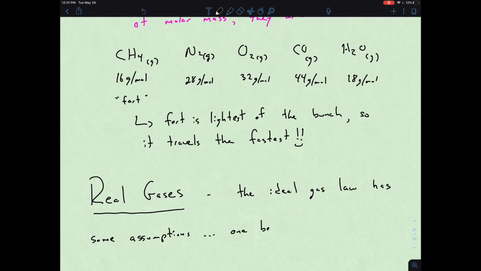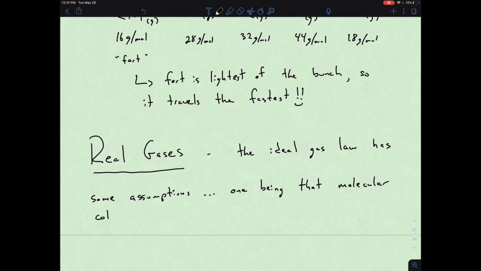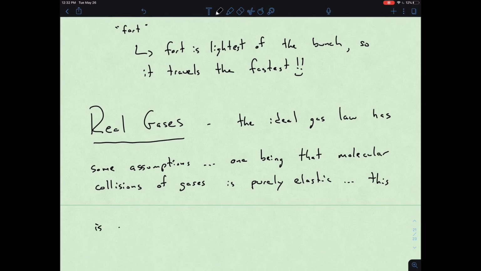One being that molecular collisions of gases is purely elastic. And this is not true due to intermolecular forces of attraction.